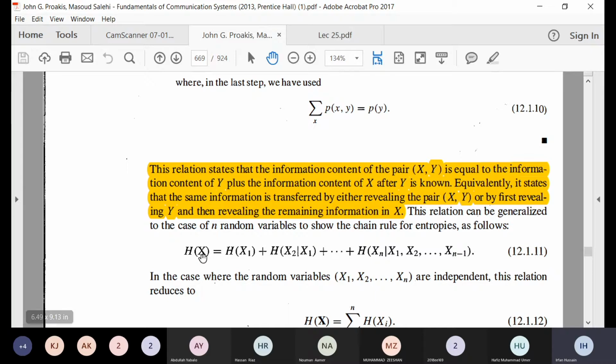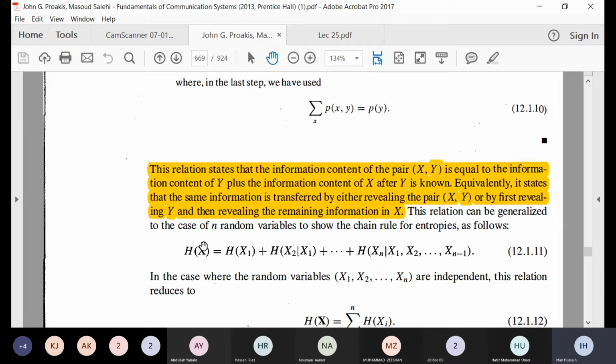This can be written in terms of a chain rule: H(X) is equal to H(X1) plus H(X2 given X1), then H(X3 given X1, X2), similarly H(Xn given X1 to Xn minus 1).